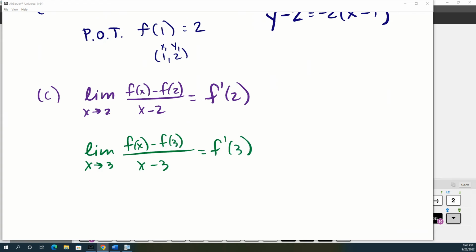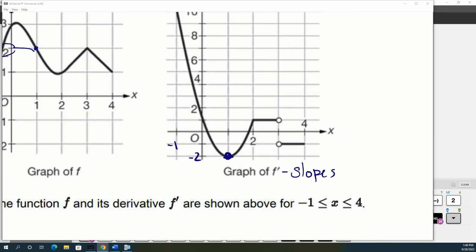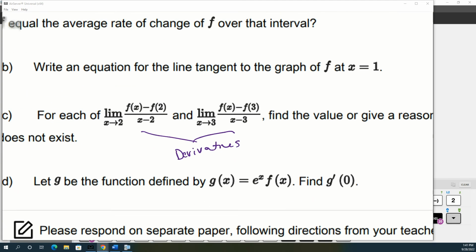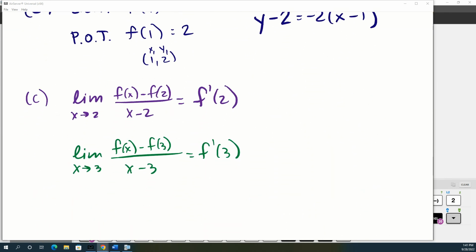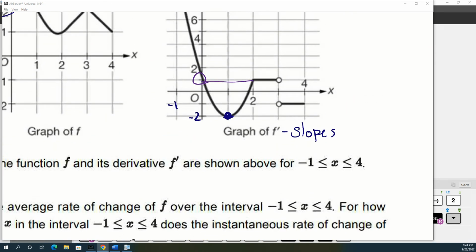All right, so let's see what happens at f prime of 2. f prime of 2 looks like it's going to be 1. And then f prime of 3, if you look at it, there's an open circle at 3.